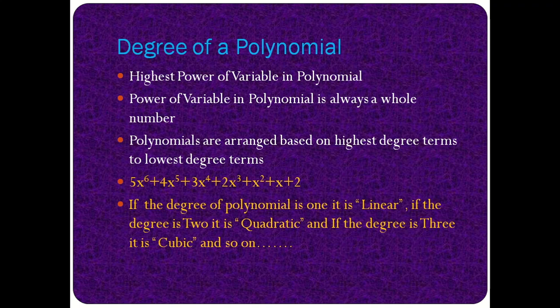A second degree polynomial equated to 0. Ax square plus bx plus c is equal to 0 is a quadratic equation. So the highest power is 2, or the degree of that particular polynomial is 2. So it is a second degree polynomial, called quadratic, and if the degree is 3, it is cubic and so on. So that is the classification based on degree of polynomial. We classified them into linear, quadratic, cubic and so on.